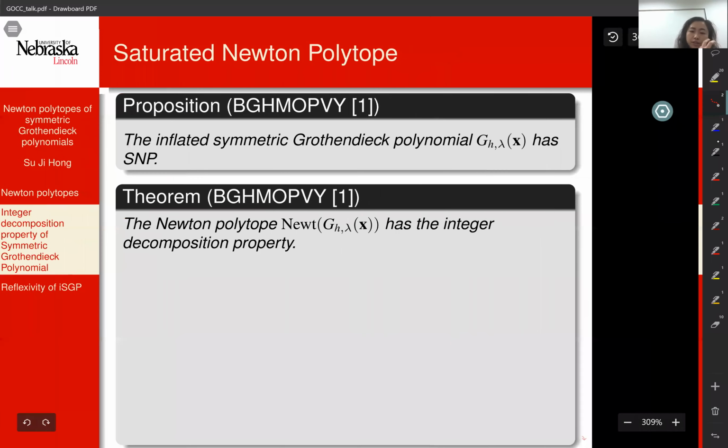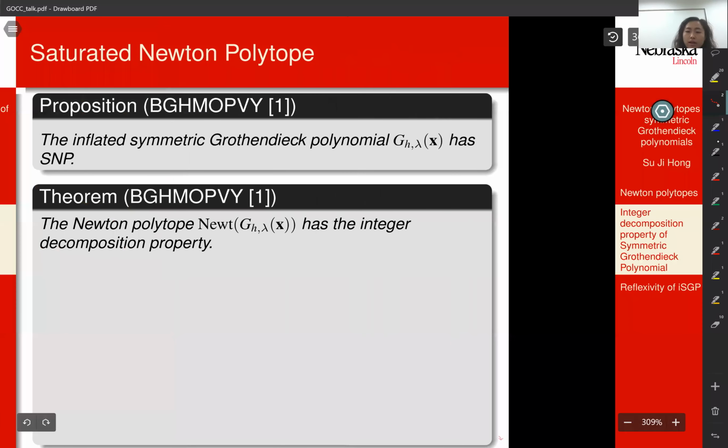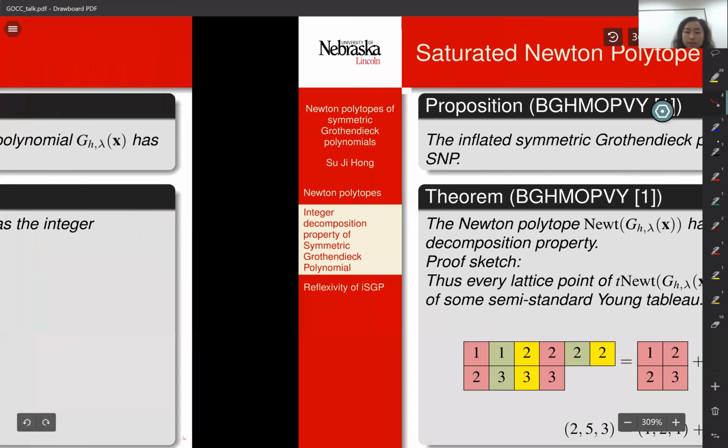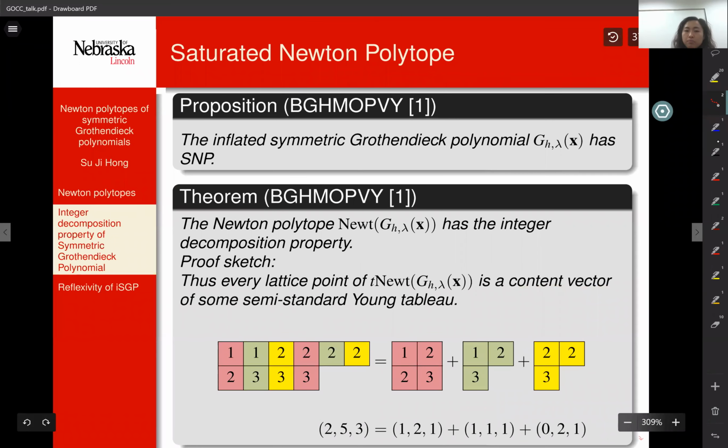A brief sketch of this proof is that we look at a content vector, since every point by this proposition is going to be a content vector of some semi-standard Young tableau. So for example, we can have something that looks like this. And in this case, say T is equal to 3.